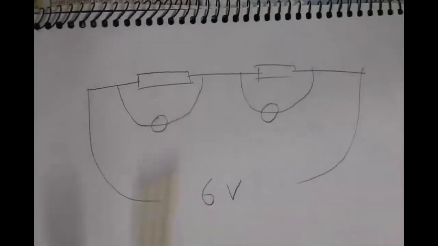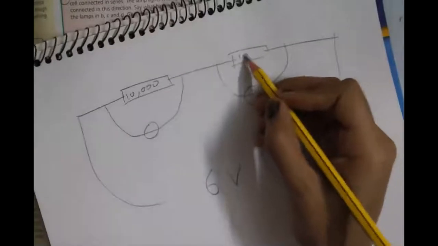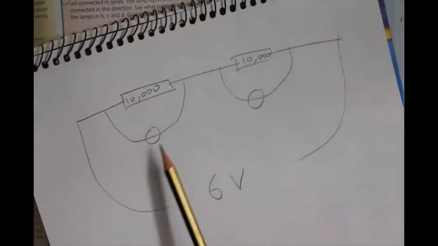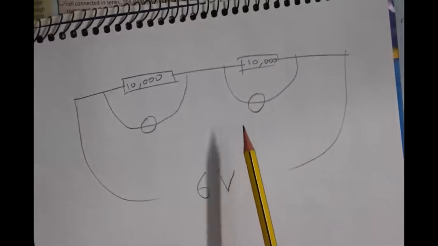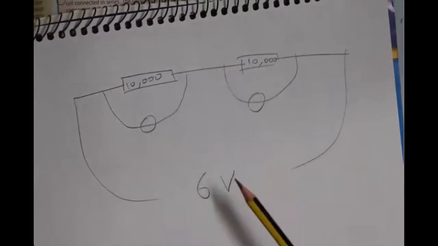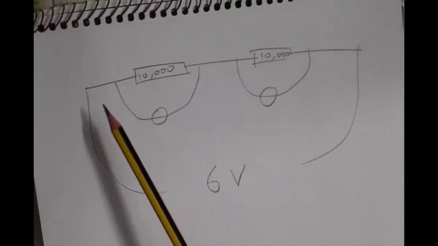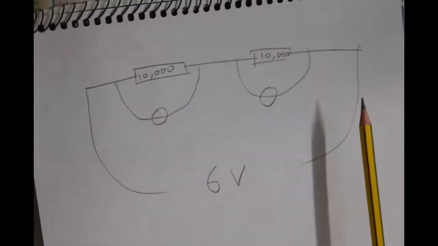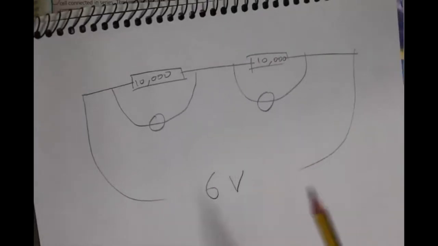Okay, and then we have 10,000 ohm here, 10,000 ohm here, right? And then we want to find out the voltage reading on each of these voltmeters. Right now we know that because this is connected in parallel with this battery, the total potential difference across both of these resistors is gonna be 6 volts.